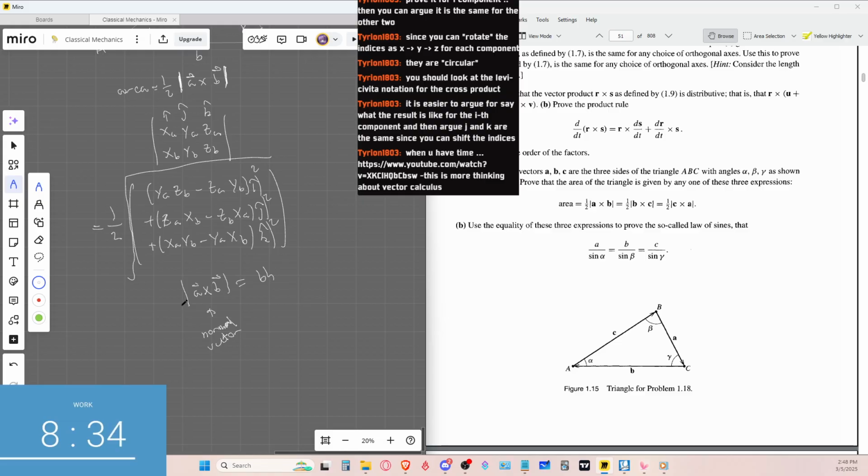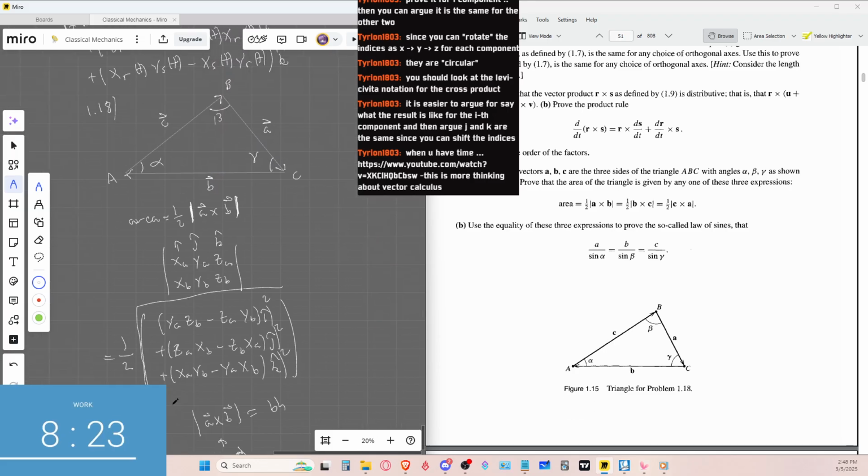But what is it that makes this length? If we go back to our sketch, we have vector A and vector B. I'm just going to draw a dotted line here. We'll call this n for our normal vector for the cross product.